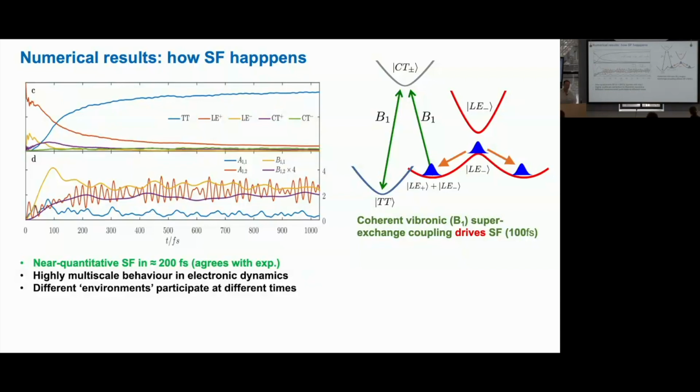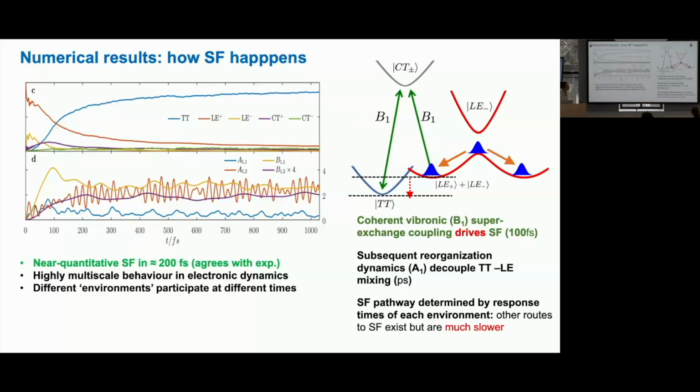They're not ever really populated, and that creates a mixing between these two states, which allows dissipation, now incoherent emission into the remaining symmetric environments, to take us from this upper state down to this state. So this is non-adiabatic dynamics.